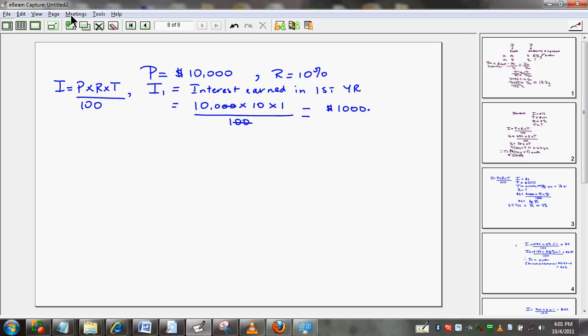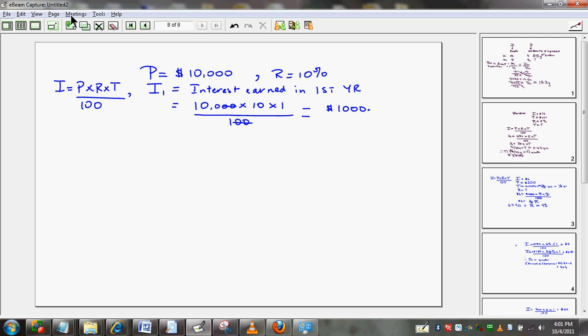Now, in compound interest, in order to determine the interest he would earn in the second year, you have to add the interest he earned in the first year to the principal. That will be the new principal to be used in the second year's interest calculation. In other words, when he goes back to the bank after 1 year, the bank will have $1,000 more for him, not so? So his new principal will be 1,000 plus the principal he had put in at the beginning.